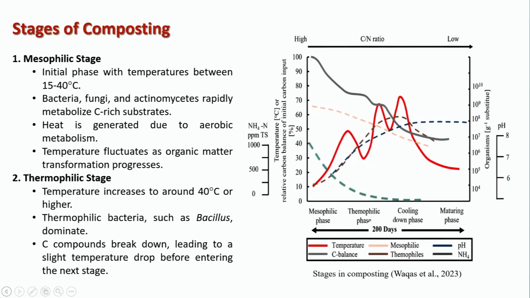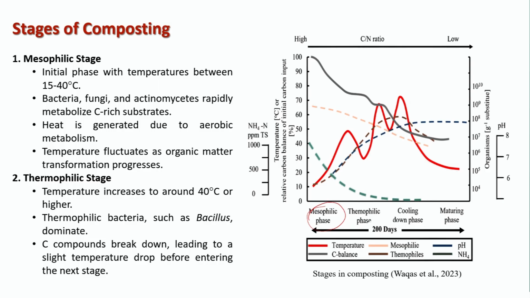Once we are talking about composting, there are multiple stages involved: starting from the mesophilic stage, then the thermophilic stage, then a stabilization stage. You can see from this figure that the initial phase has a temperature between 15 and 40 degrees Celsius. If you look at this mesophilic range, the temperature is around 15 to 40 degrees Celsius.